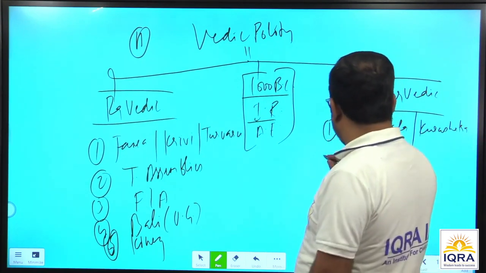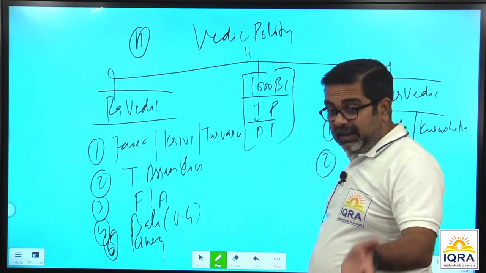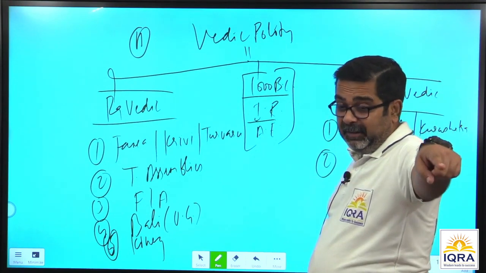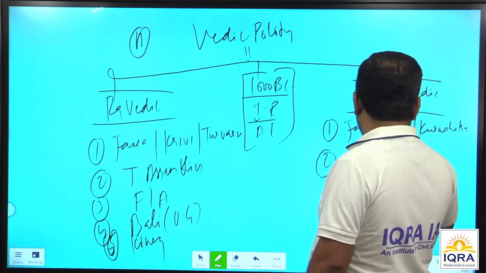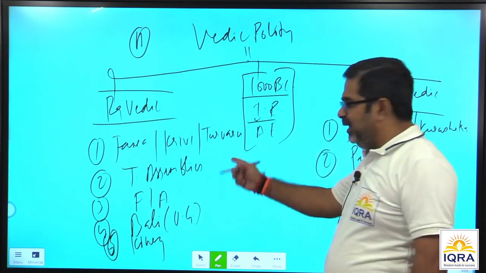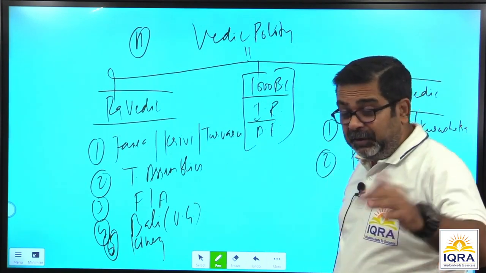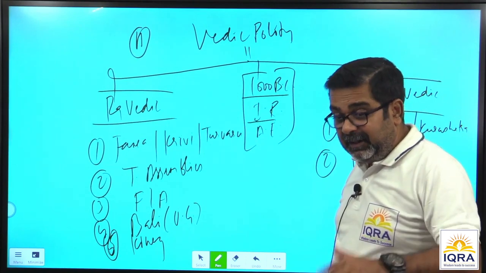Now it is a state, plus you can collect taxes because of the change in economy. So, Parishad. Sabha and Samiti are replaced by Parishad, dominated by Kshatriyas and Brahmins.